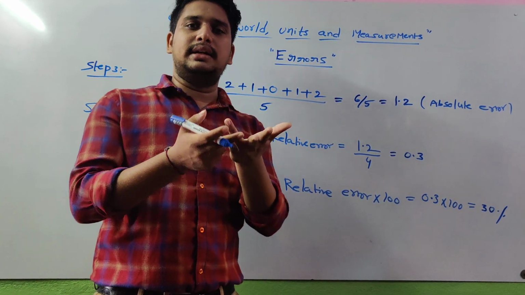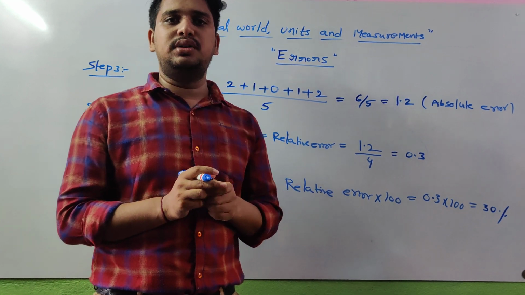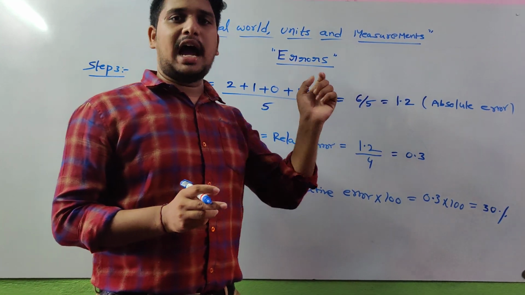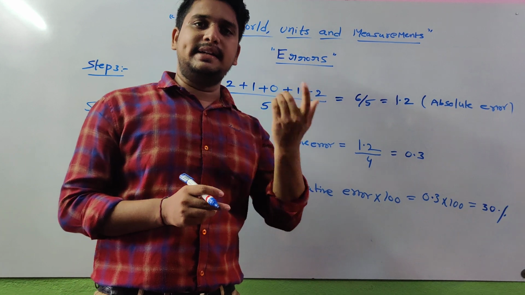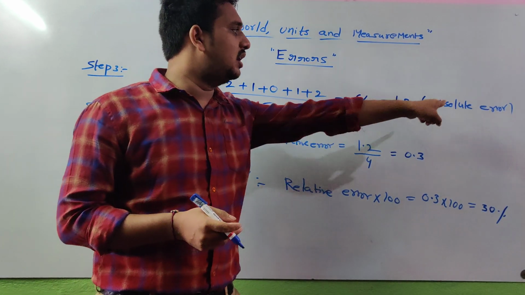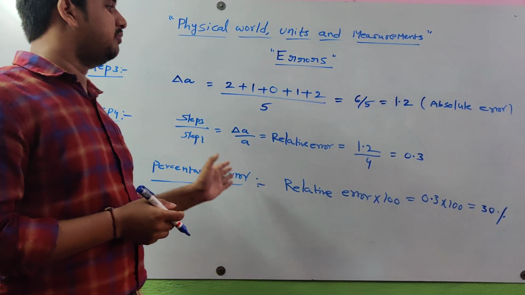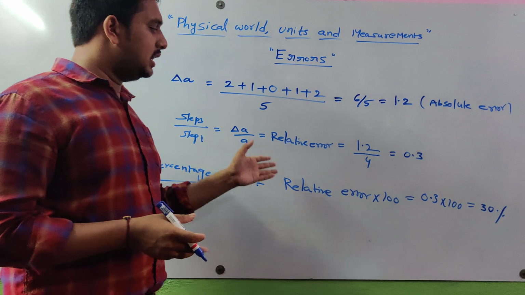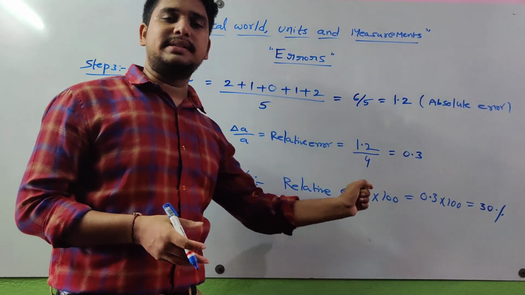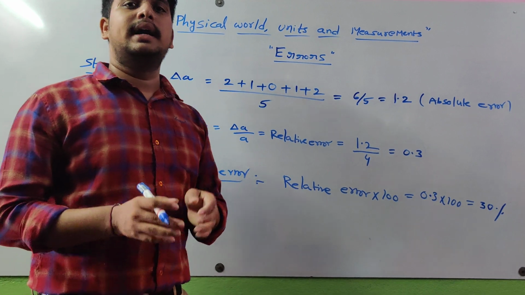For finding the absolute error, first take the average of all readings, and then take the differences between all the readings and the average value. In the third step we get the absolute error, step 3 by step 1 gives the relative error, and into 100 gives the percentage error. So these are the basic steps for finding any error.